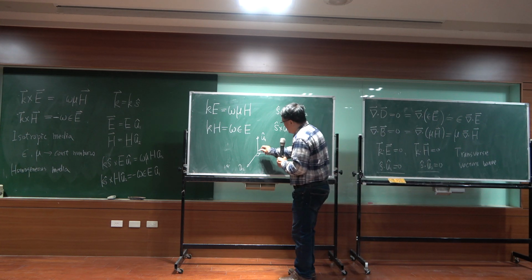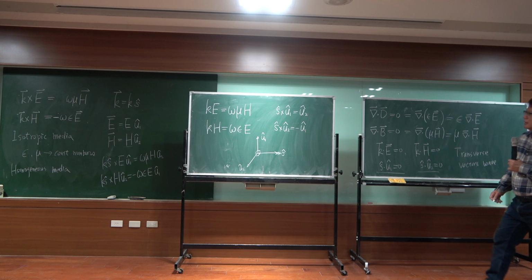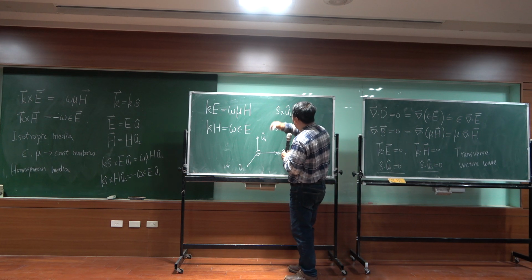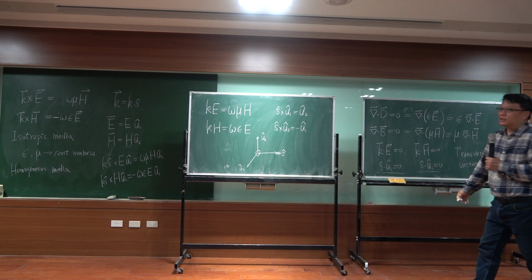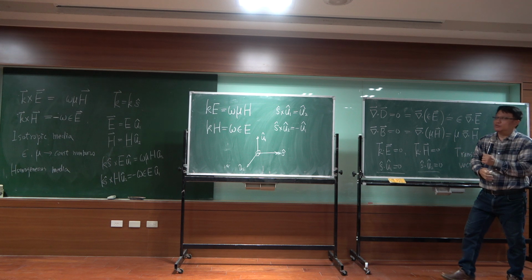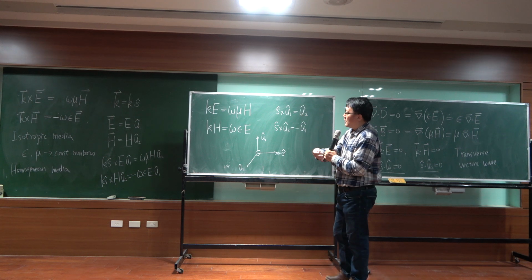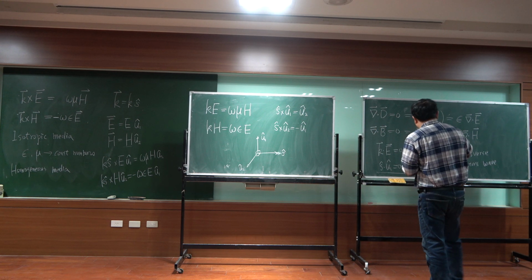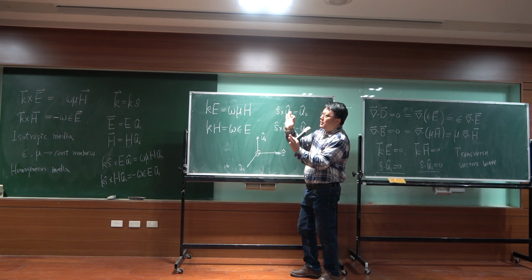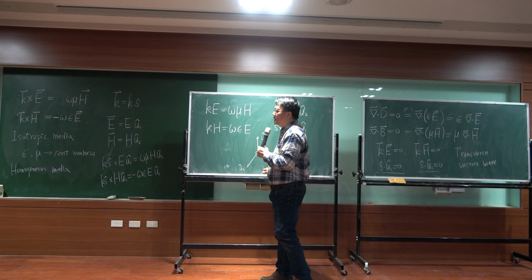So we have this triad, three basis vectors forming a right-handed coordinate system, mutually perpendicular. So we have a transverse vector wave, which means the electric field direction is perpendicular to the propagation direction. S is the propagation direction, U1 is the E field direction, and U2 is the H field direction. The E field and the H field vibrate in the plane perpendicular to the propagation direction, the S direction.